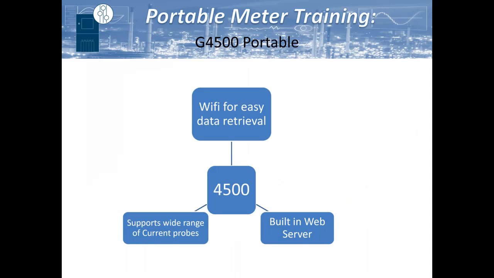What makes the 4500 very usable is it does have Wi-Fi for easy data retrieval. So it allows you to sync your computer to the Wi-Fi signal and download some data. It has a built-in web server for easy programming setup, and it supports a wide range of current probes.